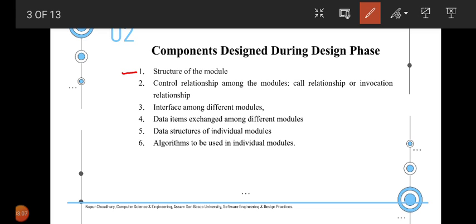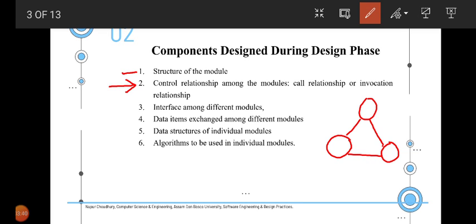The next is the control relationship among the various modules. The control relationship essentially means how the modules interact with each other, or in what ways they are dependent upon each other, whether these modules have a call relationship or an invocation relationship. Now let us consider that there are 3 modules in a particular project and they have this particular structure. So we have identified that the structure is basically this.